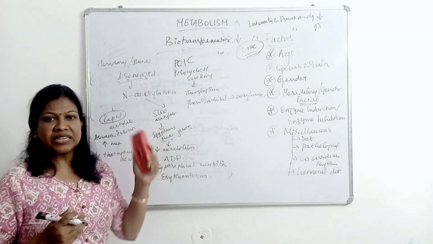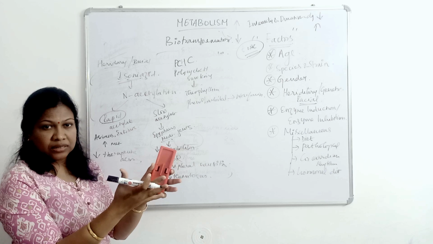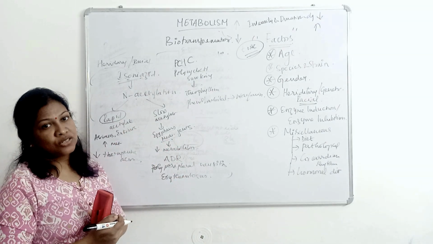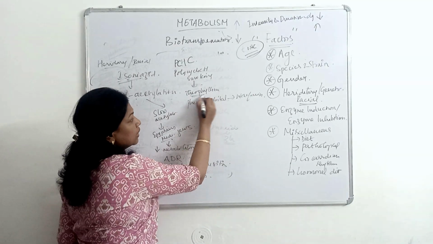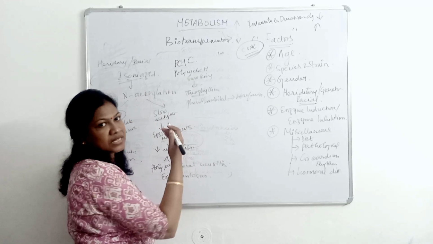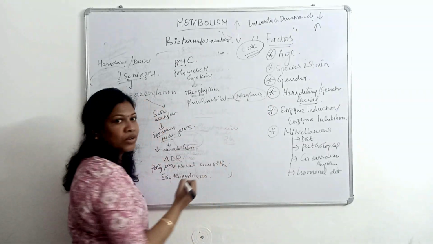So there are some drugs which will induce the enzymes which are responsible for metabolism of other drugs. So the metabolism of the other drug will be increased and it will be eliminated from the body. Like in this case, phenobarbital induces the enzyme responsible for metabolism of warfarin.